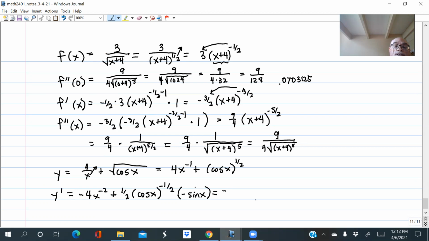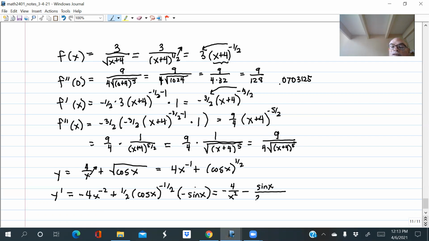This is minus 4 times x to the minus 2, which is minus 4 over x squared, so that's a little bit better. And then let's see, this minus sign, I'm going to move over here. So I have minus, and then this sine of x will stay in the numerator, but this 2 stays in the denominator, and this cosine of x to the minus 1/2, I'm going to pull that down to the denominator to make this exponent positive.